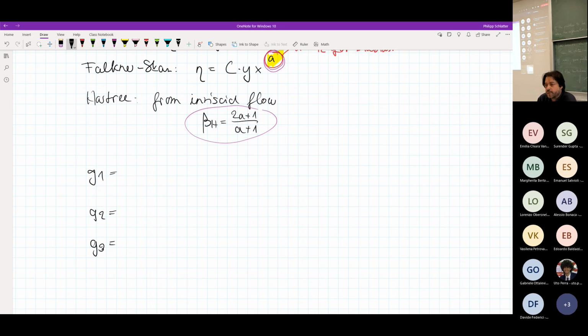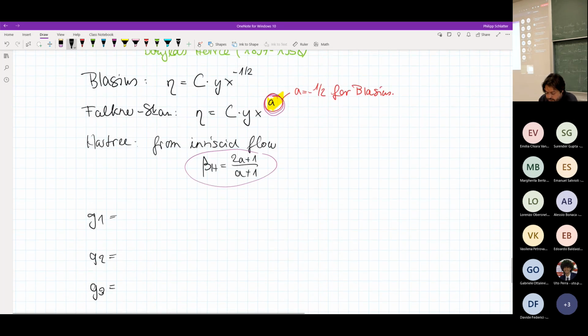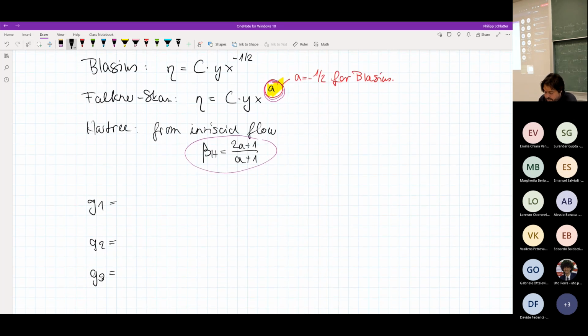Well, let's now check what we get for this case, when we assume that we have a velocity profile with a specific exponent a. Well, if you start with G1, that's actually the easiest one because that's zero in all cases, because essentially it says that the second derivative of eta with respect to y should be 0.